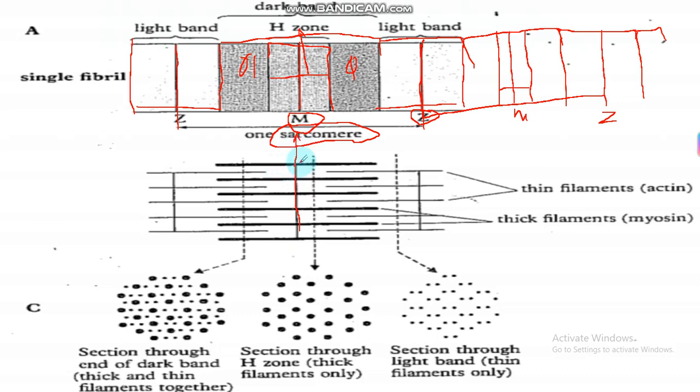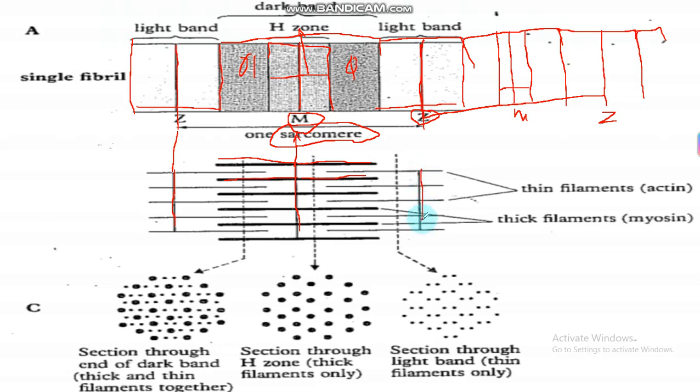Then, from the M line, we have the thick myosin filaments coming from it on both sides. So from both sides you draw the thick myosin. You draw them as thick lines. Then, on the other side, we have the thick line which is representing, not the H line, the Z line. Even on this side, there is a Z line.